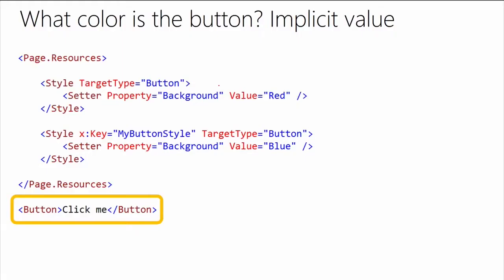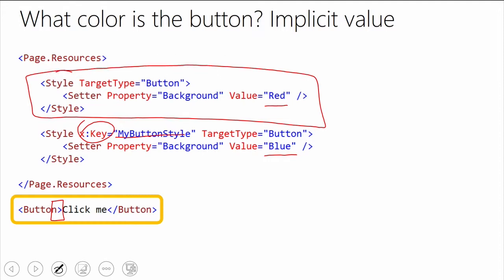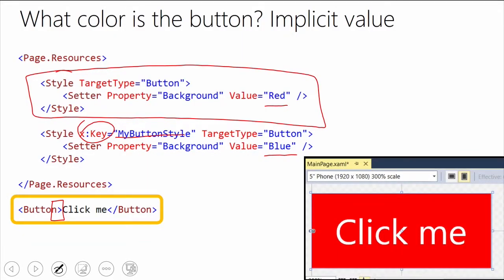All right, so this is almost the slide that we had just a few back, where I've got the key right here, and it's red or it's blue. You have to use the key if you're going to use an explicit style. This does not use a key, so it's using the implicit style. This is the implicit style, so the background had better be red.